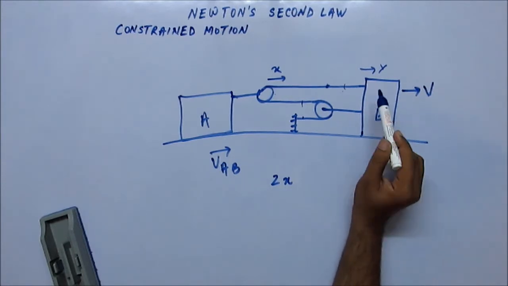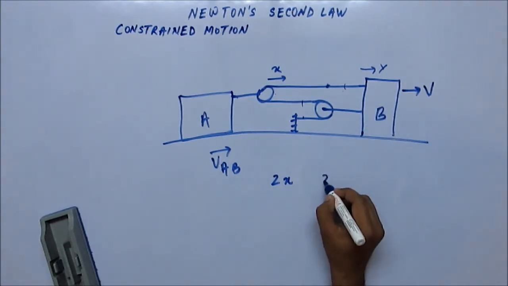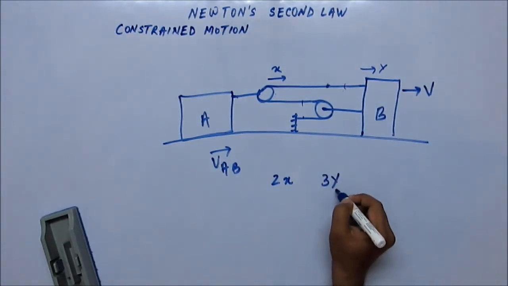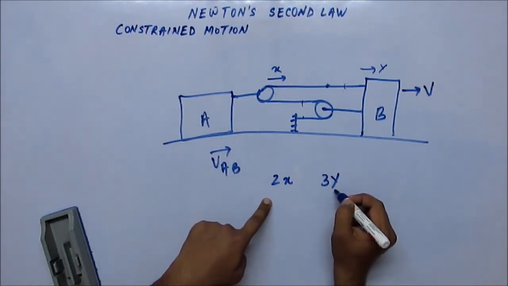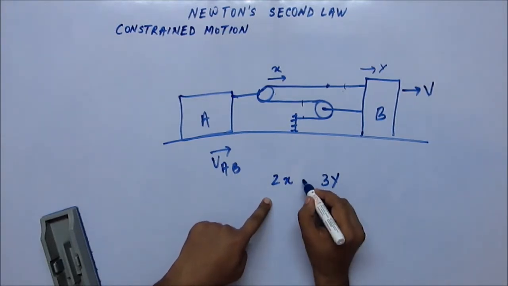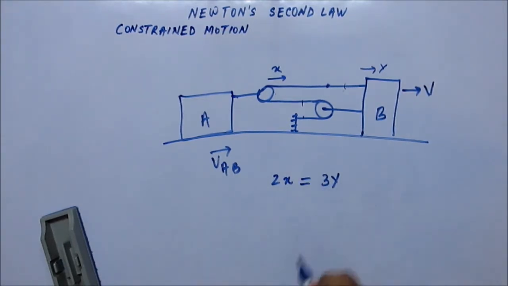So if this is moving a distance y, then 3y length of string is required. If this is moving a distance x, then 2x length of string will be loosed. So these two should be equal because the string is remaining taut all the time.